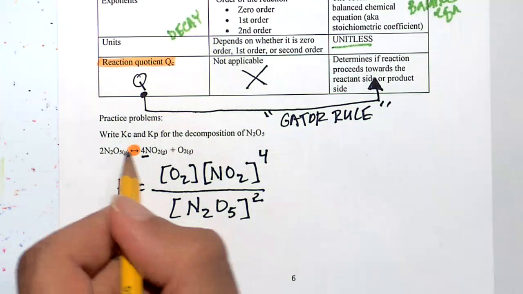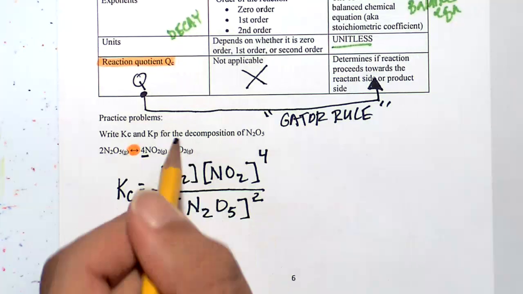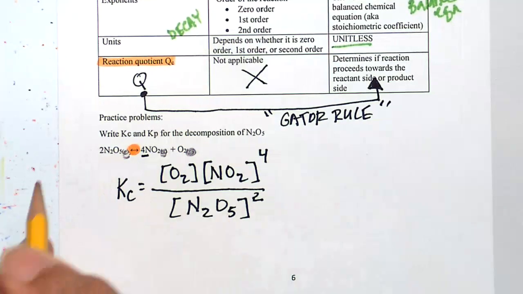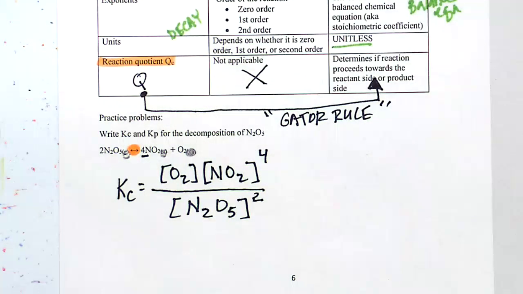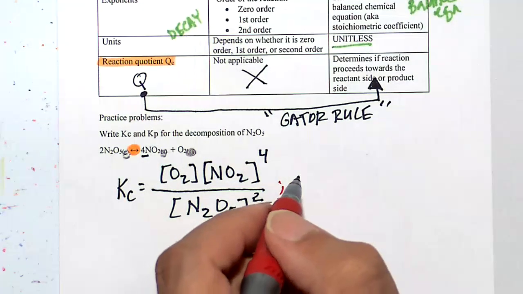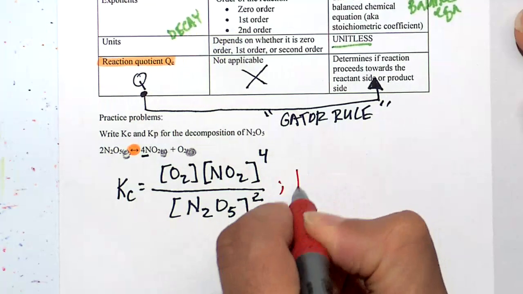Because these are gases, I want you to realize that we can also express this as a Kp, which is pressure. So let's do that. Depending on the problem, you can also use pressure.